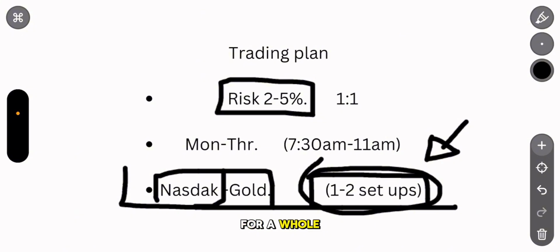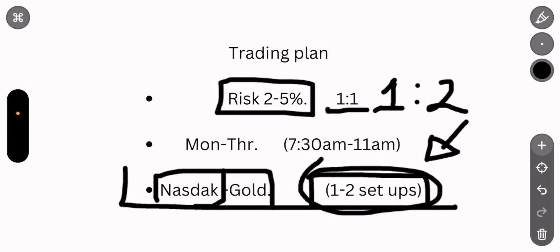I'm risking $5 for the whole day, 5%, and I take 1 trade setup, but I lose. I've only lost 2.5% of my account, right? But if I won, I would have won 5%, or just 2.5% if I would have went for the 1-to-1, right?